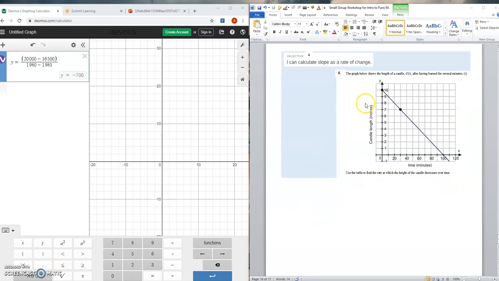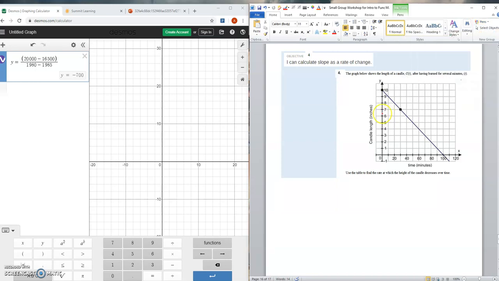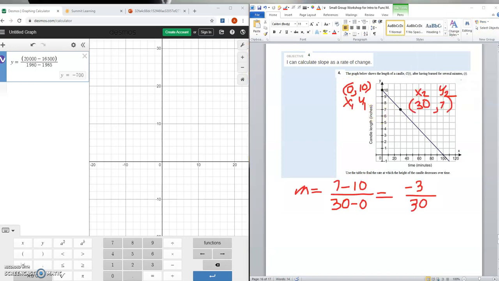And the next example is, what if you're given a graph? What you're going to do is you're going to identify any 2 points and do the same thing, use the slope formula. So after identifying the points, we have for this one 0, 10, and this one is 30, 7. You're going to label X1, Y1, X2, Y2. By the way, they're interchangeable.